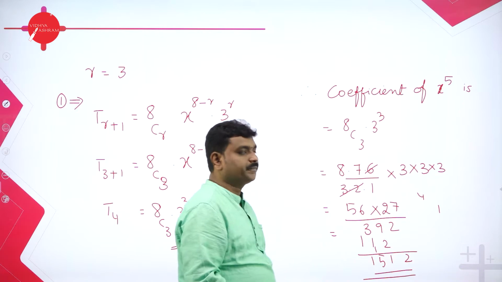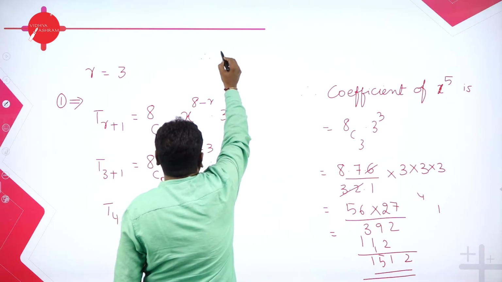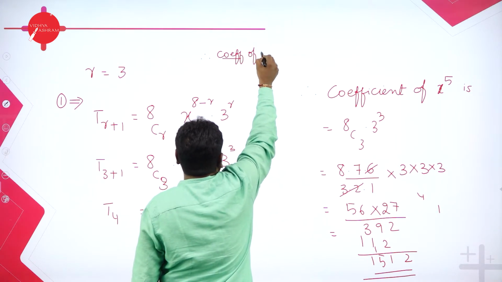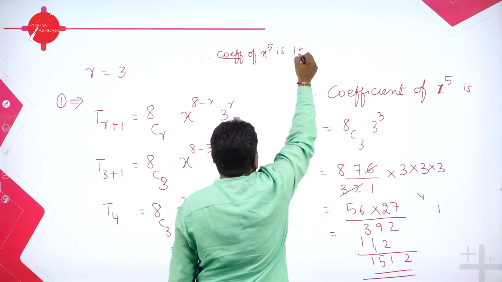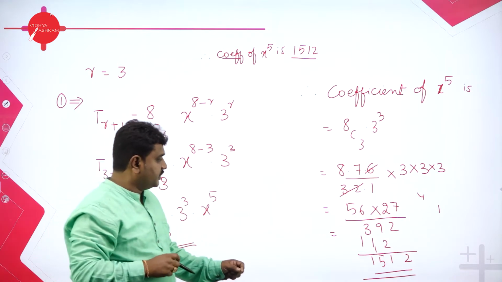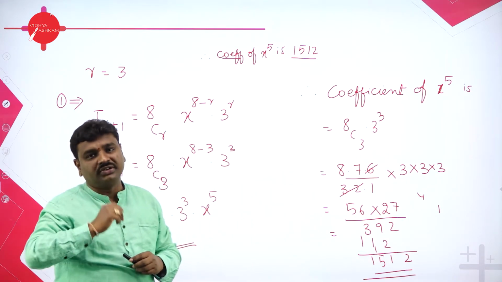Add it, you will get it. So therefore the final answer is the coefficient of x power 5 is 1512. Dear students, you can leave the answer at this point as 8C3 3 power 3. I hope all of you got this.